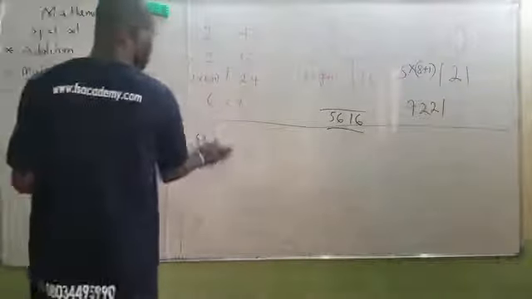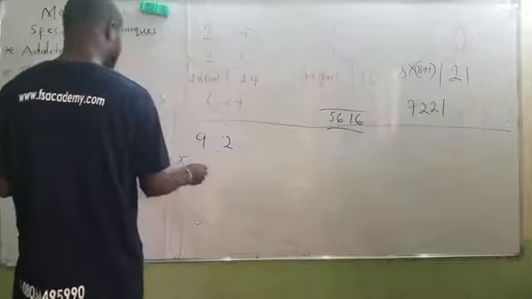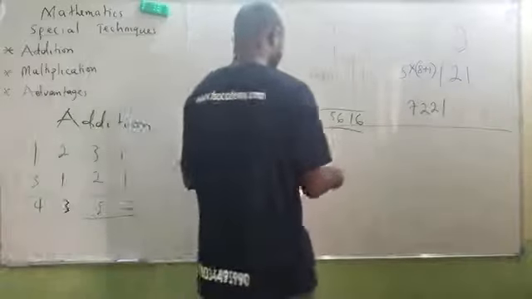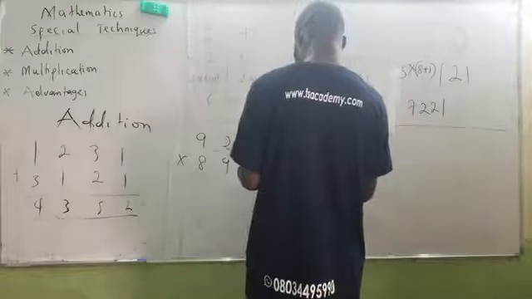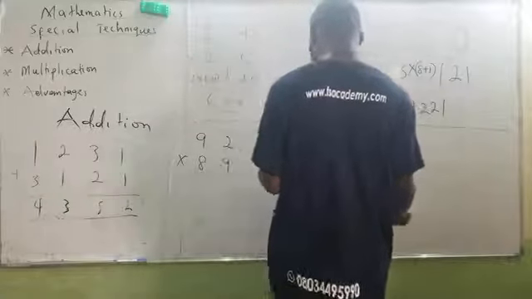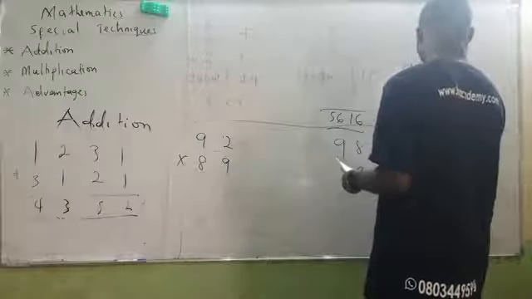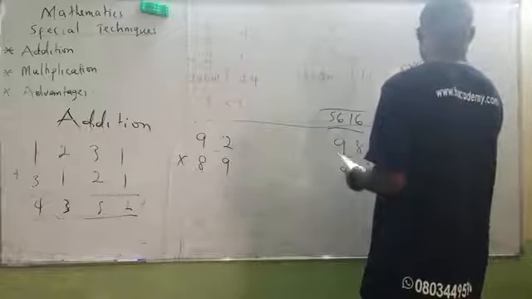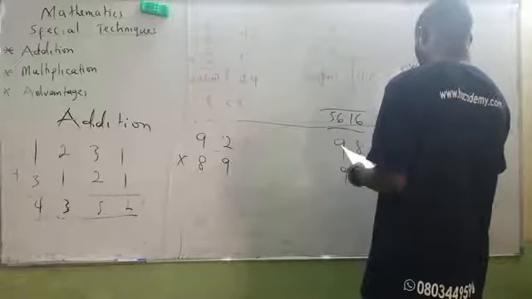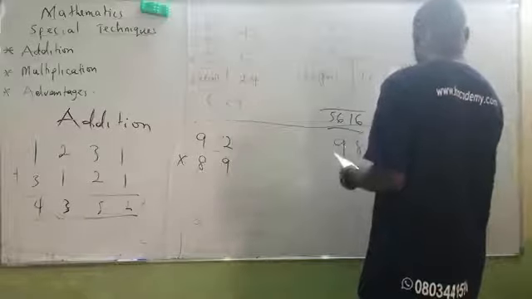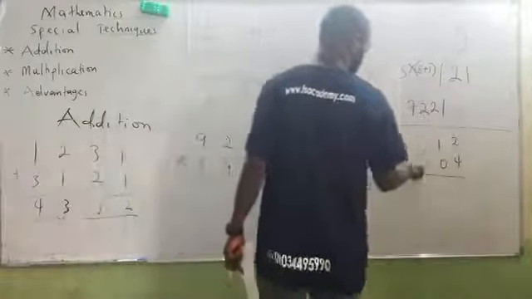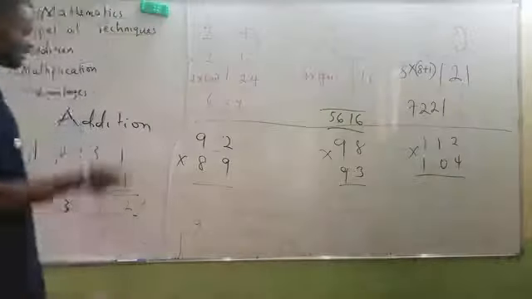Okay, let me use 92 first, 92 multiplied by 89, and also 98 multiplied by 93, and 102 multiplied by 101, and 112 multiplied by 104. Now, I just want to work on these numbers. We're talking about multiplication. Now, I want to do this very well.